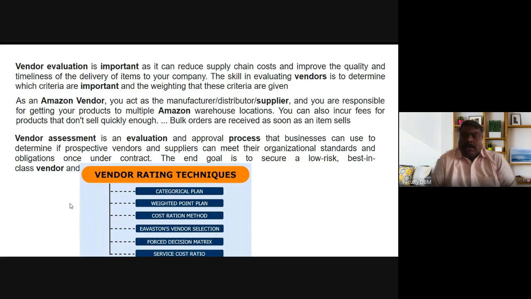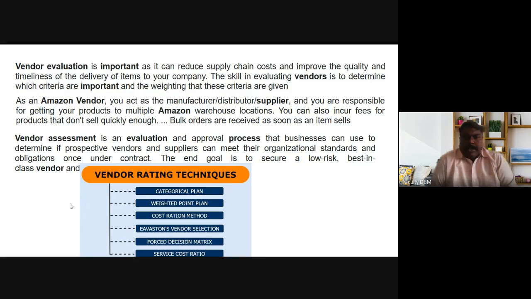You can also incur fees for products that don't sell quickly enough, and bulk orders are received as soon as the items are available. So Amazon is like a supplier. The people contact Amazon, and on the Amazon side we select the product. We have warehouses of Amazon, where large requirements, that is the bulk orders, will be received.